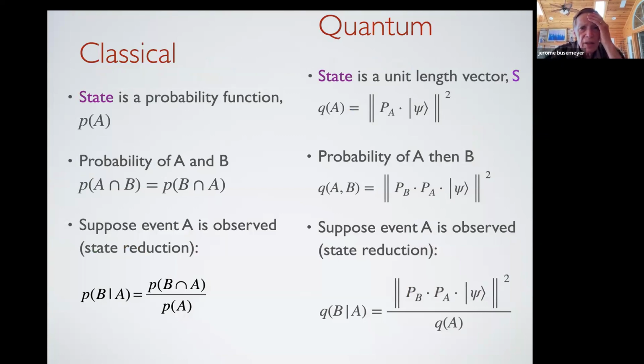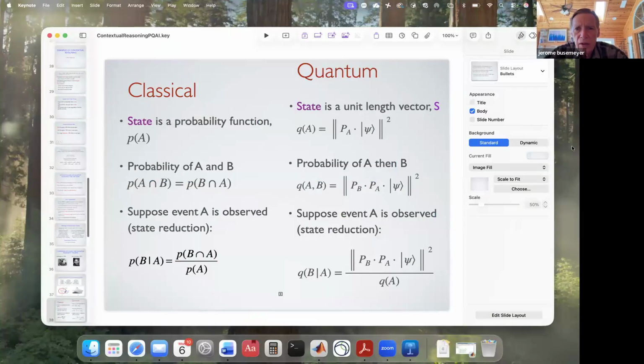In classic theory, your state is a probability function, but in quantum theory, your state is a unit length vector, S. And the way you compute a probability in quantum theory is you take your state, which is a vector like that black arrow, and your subspace corresponds to a matrix, not commutative, but Hermitian, a projector, basically.